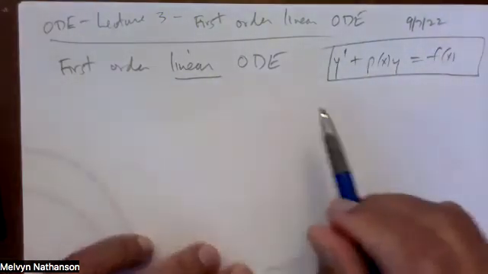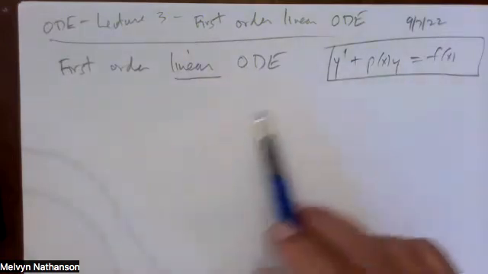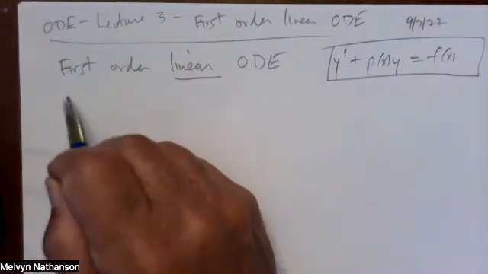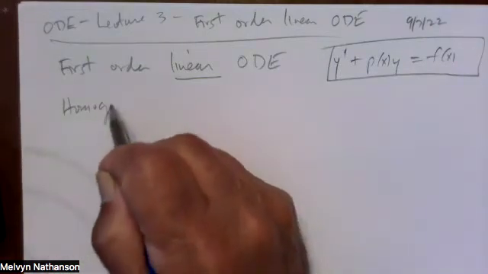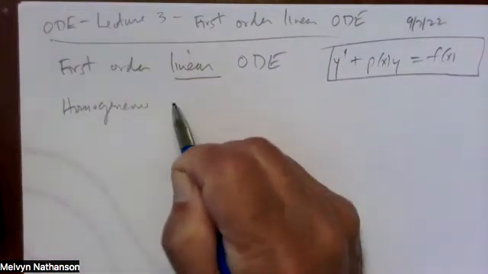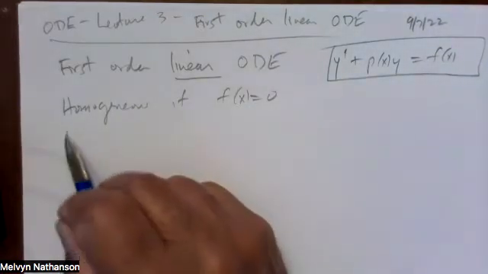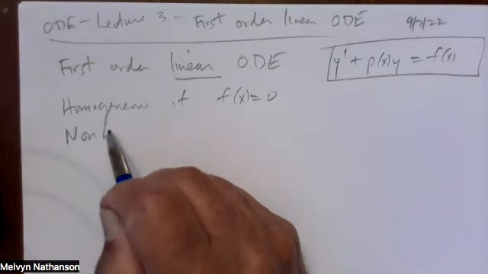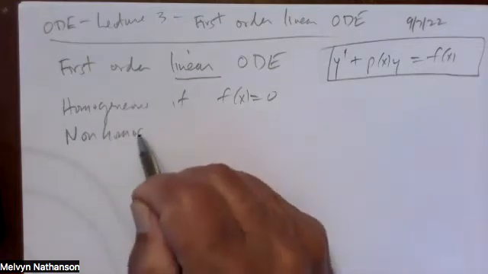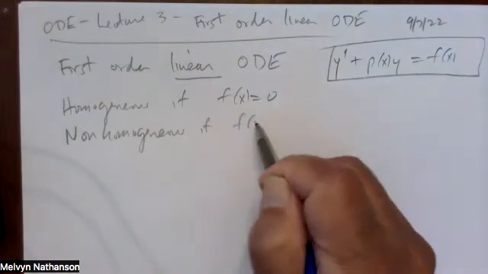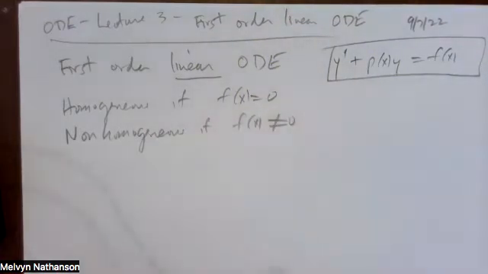That's the general form of a linear first order ordinary differential equation. And we say this equation is homogeneous if the right-hand side is 0, and non-homogeneous if the right-hand side is not identically 0.